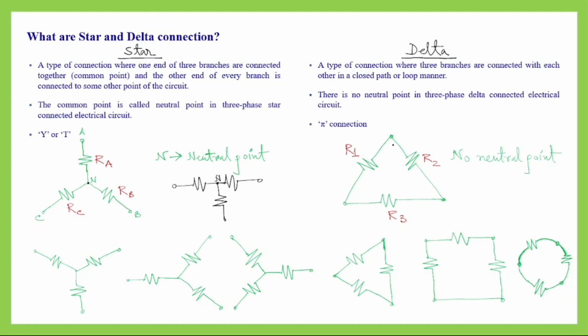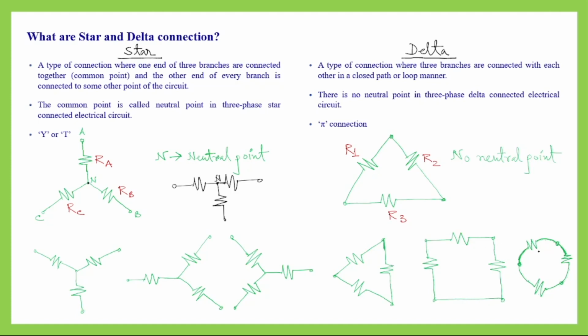So here, as you can see, one end of this resistor R1 is connected to one end of R2, and the other end of R2 is connected to one end of R3, and the second end of R3 is connected to the other end of R1. So altogether, these three resistors or three branches form a closed loop or mesh, and this looks like a delta, as we know the structure of the symbol delta.